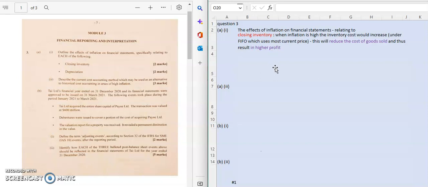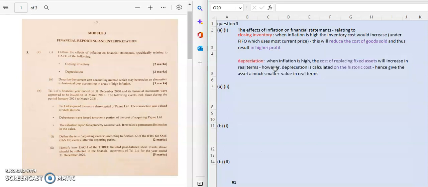Now, as it relates to depreciation, it is on historic cost. So inflation would mean that the cost of replacing the assets that we have is increasing, but depreciation is registering them at their historic values because we are creating a book value based on a cost that existed a long time ago.